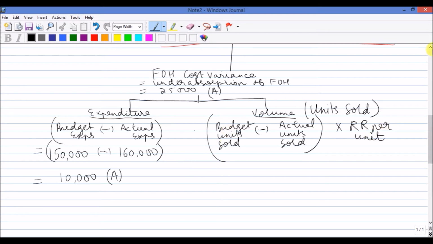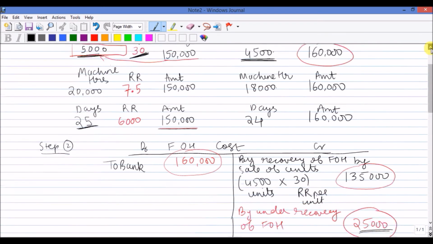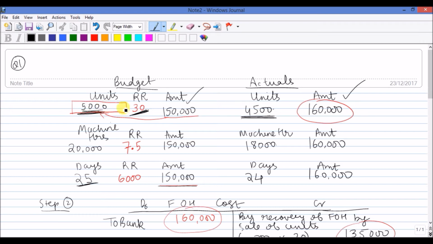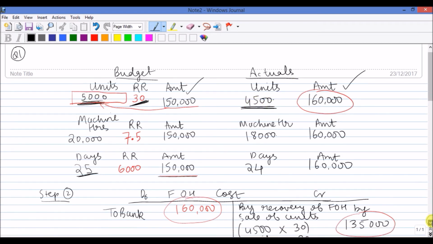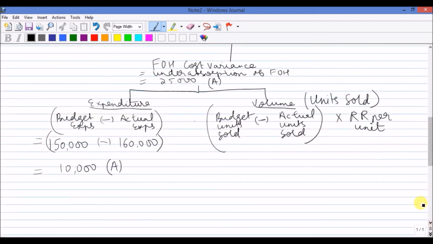So I thought that I would sell 5,000 units, and in real I have sold only 4,500 units.